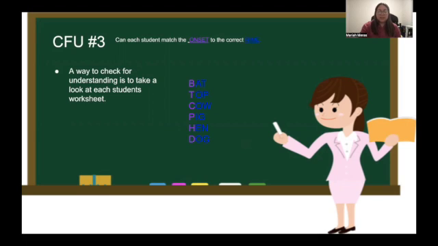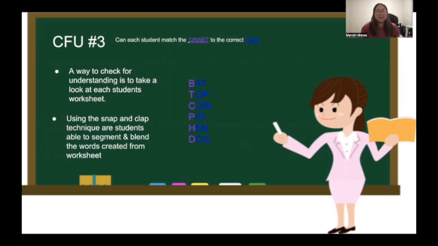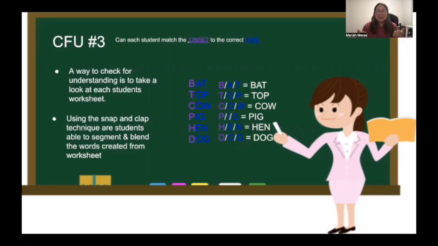To check for further understanding, we would like to implement the snap and clap technique using the words we have created from the independent practice worksheet. So for example, bat. Watch me, b, at, bat. Can you guys do it with me? B, at, bat. Good job.